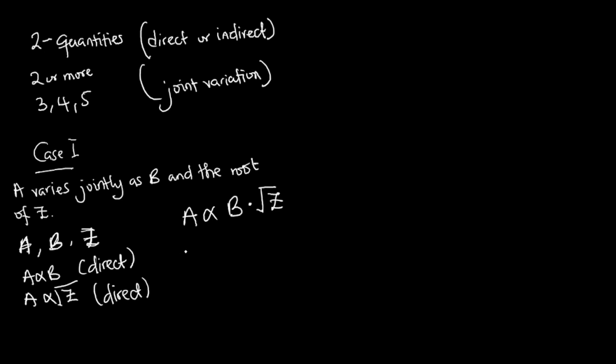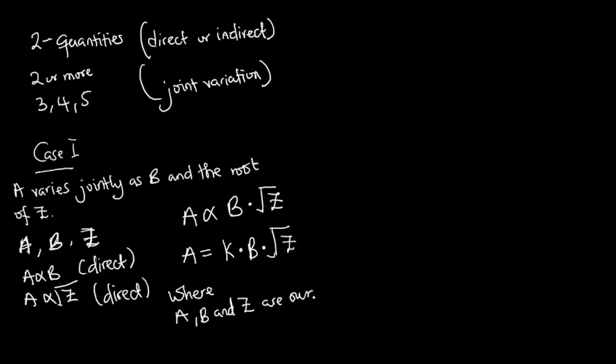In this case, it becomes A is equal to K multiplied by B multiplied by the root of Z, where A, B, and Z are our quantities, and the K over here becomes our variation or proportionality constant.